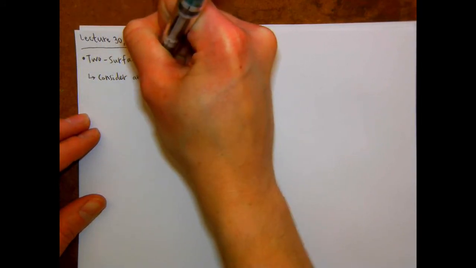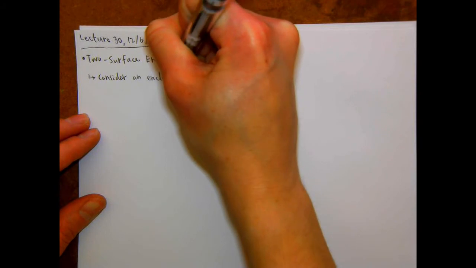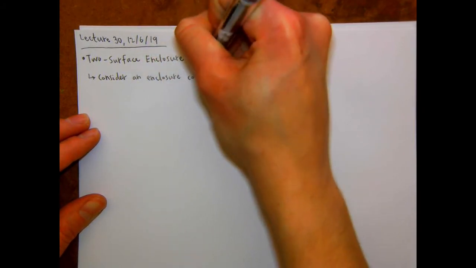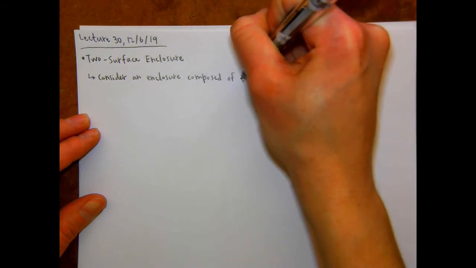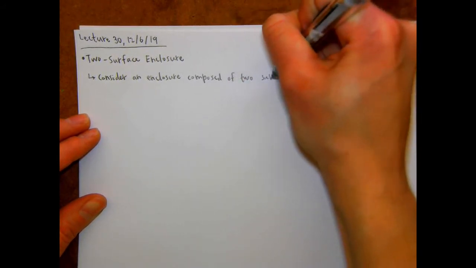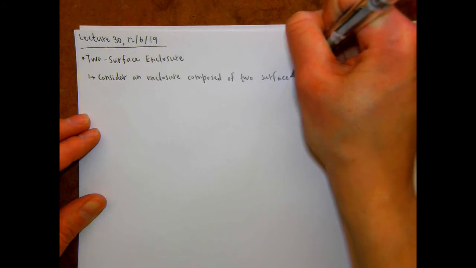Okay, so we will consider an enclosure composed of two surfaces. And these surfaces are at different temperatures from each other.